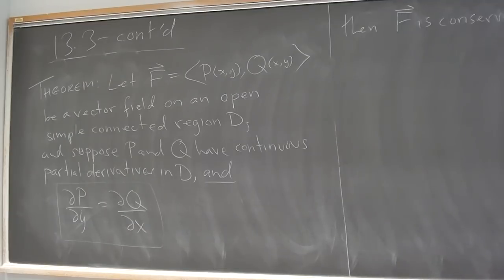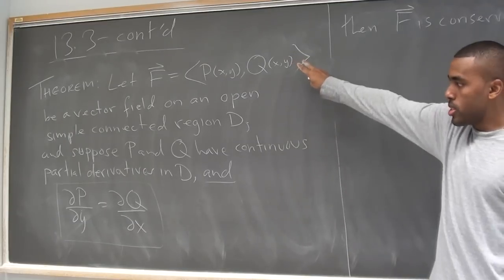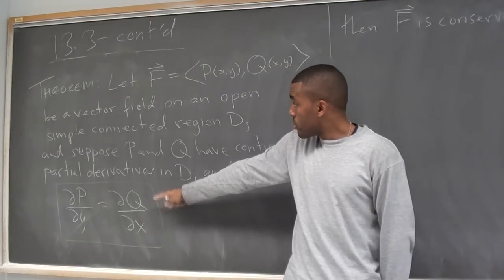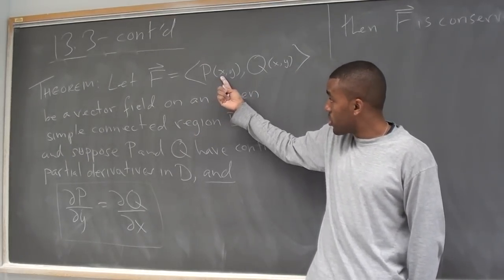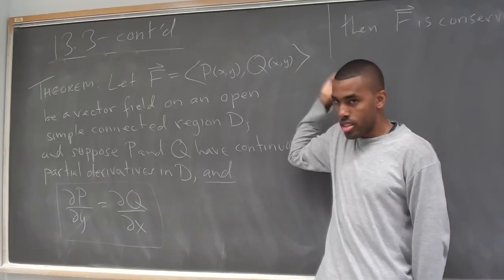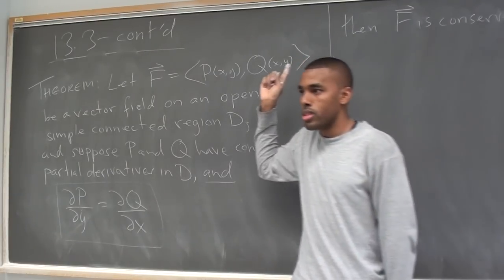That's the conclusion. So for two-dimensional vector fields, all you have to do is make sure that these conditions are fulfilled and then do this check. If the partial with respect to y of the first component is equal to the partial with respect to x of the second component, it is conservative. You will be able to find a function f.